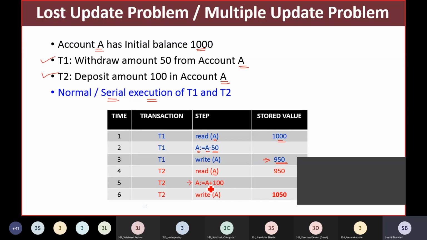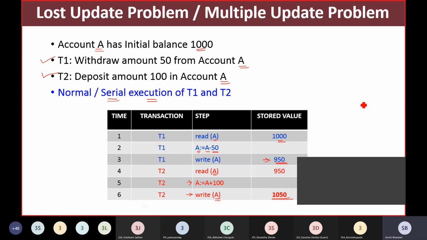So the balance of A is increased by 100. Finally, T2 writes this balance into A's account, the amount 1050. So the final balance after execution of T1 and T2 is 1050, right? This is how our transactions T1 and T2 execute in serial fashion.